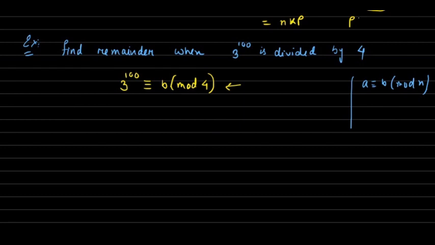Okay, so let's start our journey. We don't know what is 3 to the power 100. It's a huge number. So let's start with a small number. Let's say 3 square. 3 square is 9.